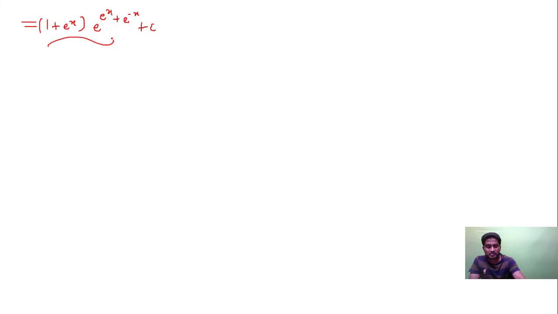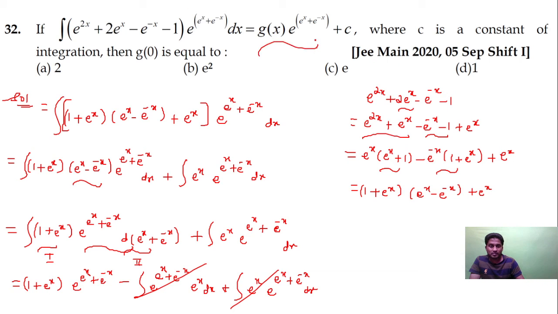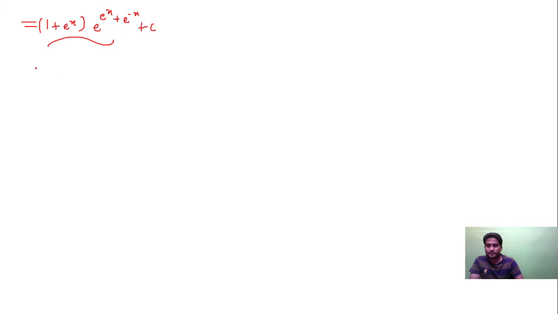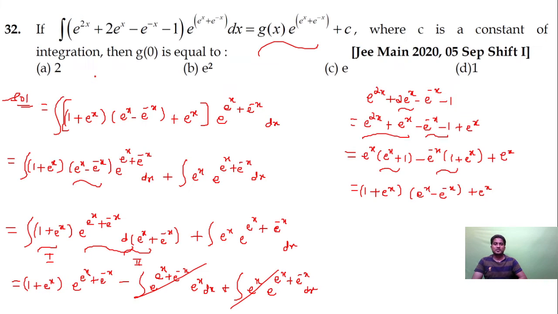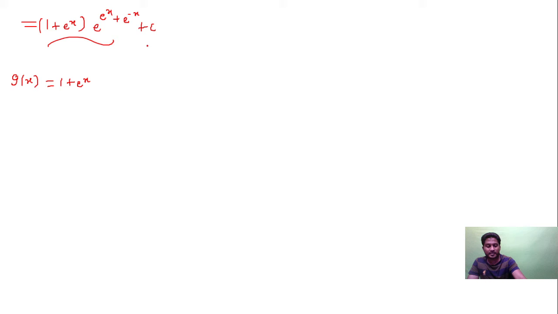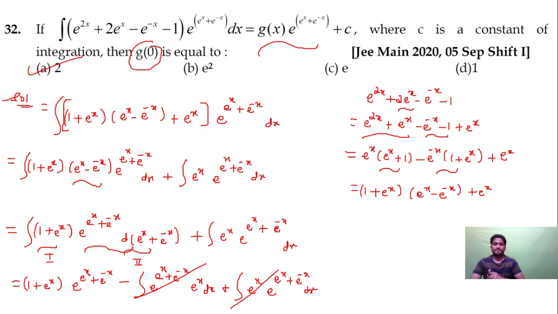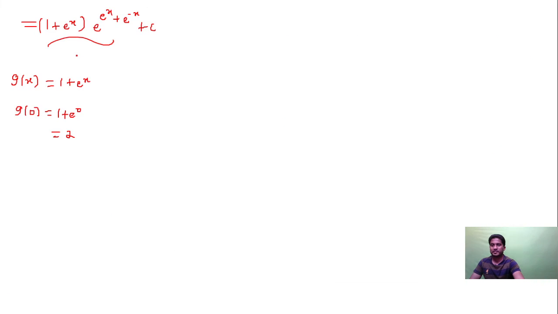Now you compare this with the given, you get g of x is equal to 1 plus e power x only. Okay, g of x is 1 plus e power x. What am I supposed to find? I am supposed to find out what is g of 0, right? So g of 0 will be equal to 1 plus e power 0. 1 plus e power 0 will be equal to 2. Okay, that's the answer, guys. Answer will be option A. Okay, let's move to the next question.